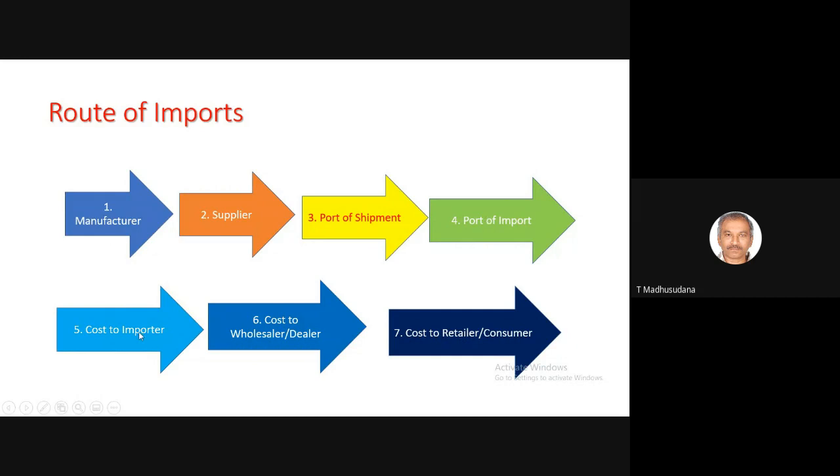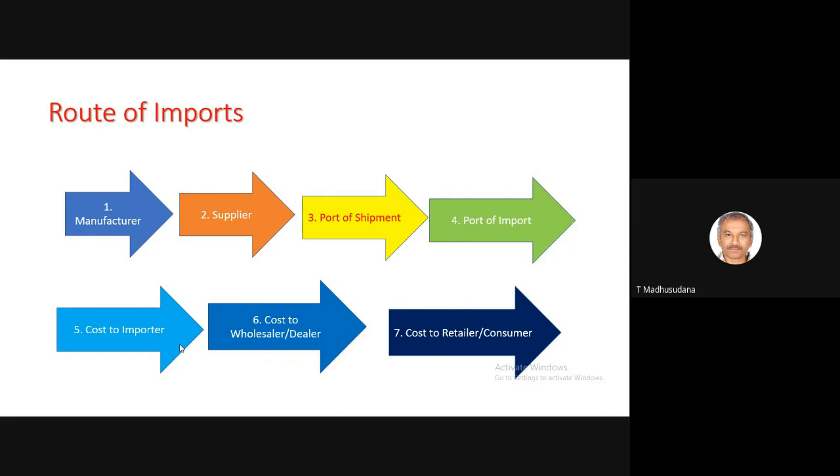And after importing, it is a domestic business, therefore GST rules will be applicable. As per the GST, if the importer sells goods within the state, CGST and SGST are applicable. If the importer sells goods out of the state, then IGST will be levied. So like that, in foreign trade, the imports will pass through several stages.